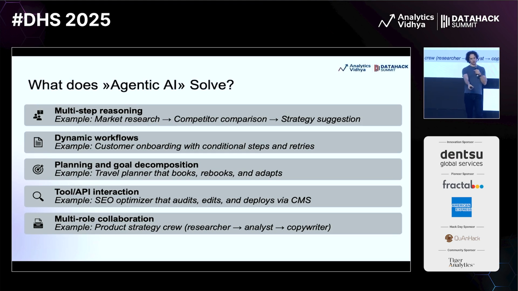A couple of examples. Let's look at planning and goal decomposition. Example: a travel planner that books, rebooks, and adapts. Why is this dynamic? Because you have to go back and forth between what you get from, I don't know, the bookings. You're booking something and then you're like, okay, I don't like this, I want to go somewhere else.